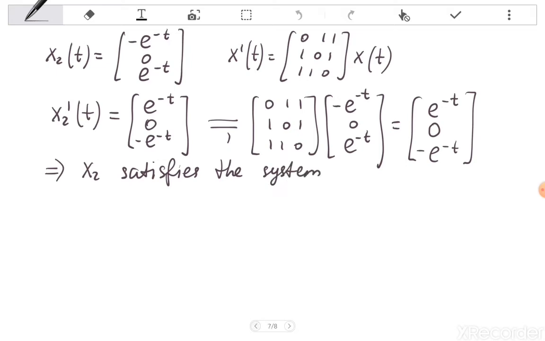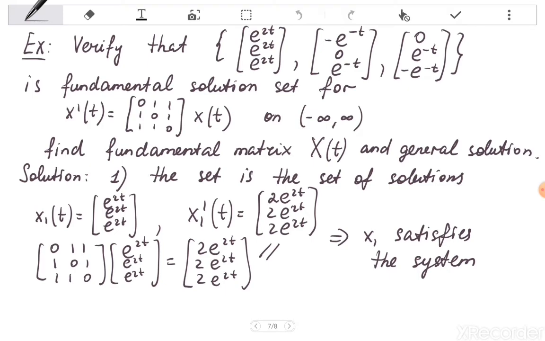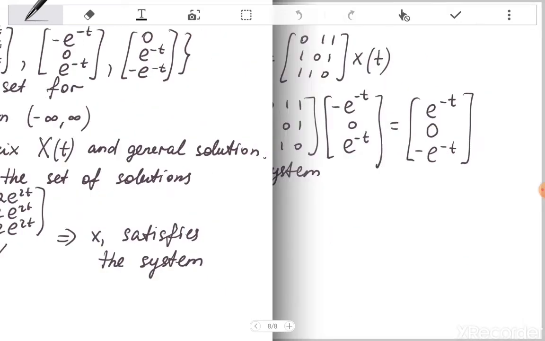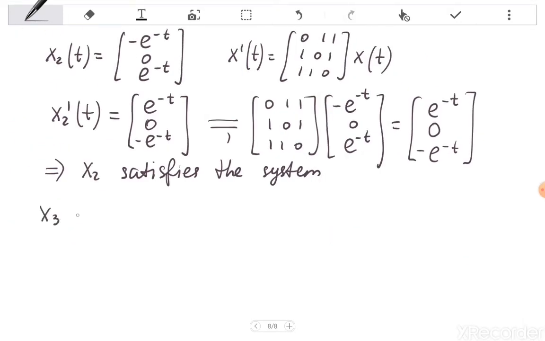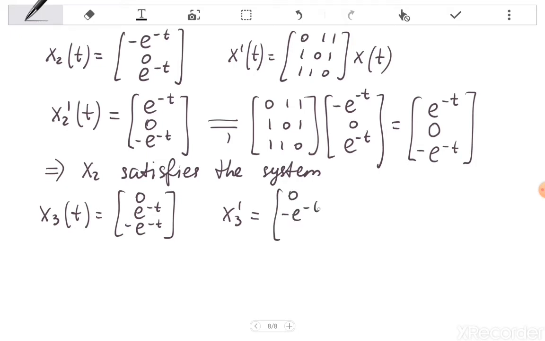Okay, let's look at x3, which is 0, e to the minus t, minus e to the minus t. So x3 prime is 0, minus e to the minus t, and e to the minus t. And let's find the right hand side of this system.